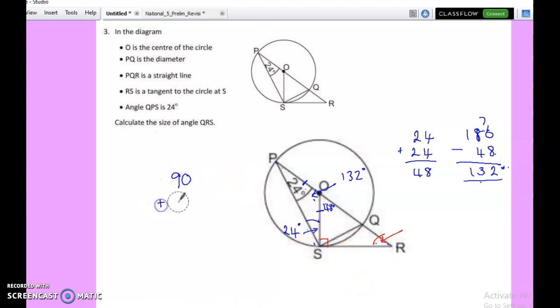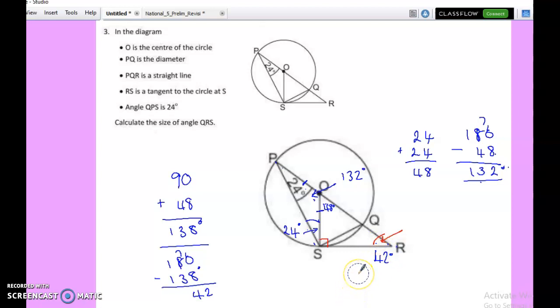I know the angles in a triangle add up to 180. So if I add together the two angles I know, I can work out what the missing angle is. So this angle in here is 42 degrees.